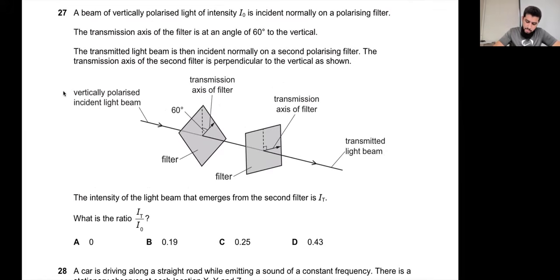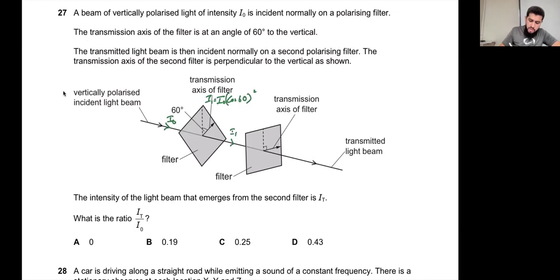The intensity of the light beam that emerges from the second filter is IT. What is the ratio? So let's say light here is I0. After passing through the first one, it will be I0 cos 60 squared. So here you'll have I1, where I1 is equal to I0 cos 60 squared.